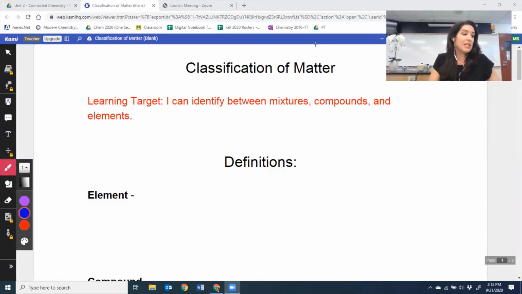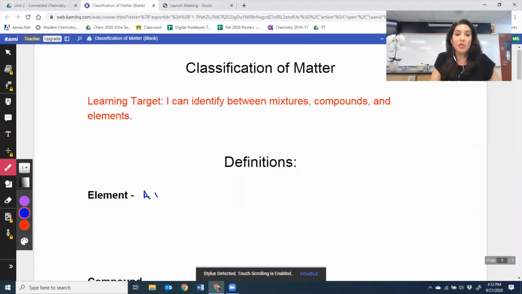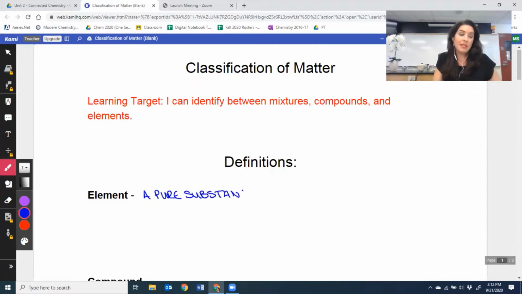An element is defined as a pure substance that cannot be broken down into anything simpler. Basically, we're talking about pure silver, pure oxygen, pure hydrogen. So most of these pure substances, these elements, are just simply that.